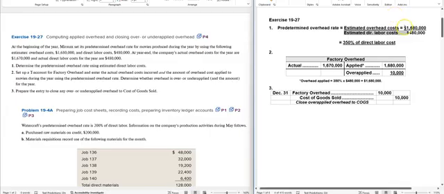Estimating overhead for the year of $1,680,000, dividing it by the estimated direct labor cost for the year of $480,000. $1,680,000 divided by $480,000 is 350%. In other words, they are estimating that their overhead costs are going to be 350% of their direct labor cost for the year.